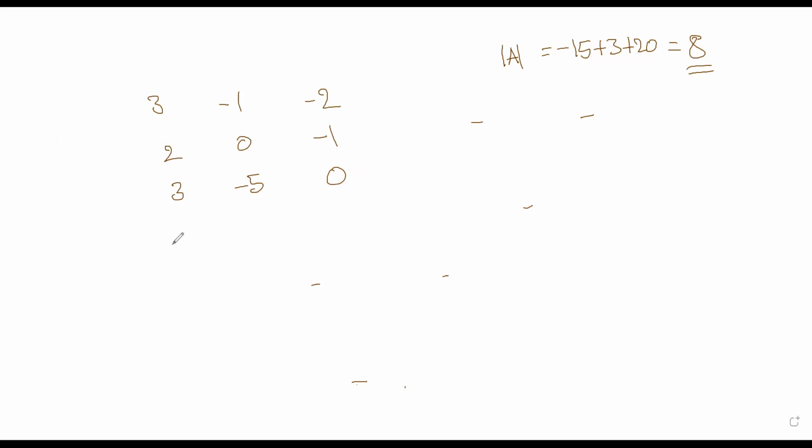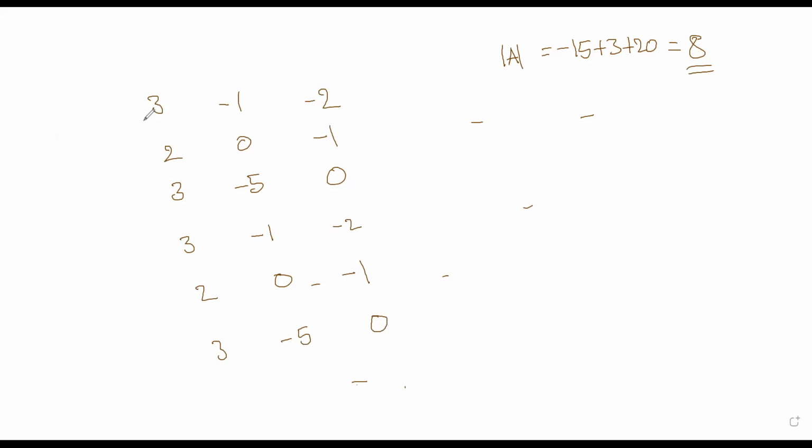You make another copy of the same matrix at the bottom: 3 minus 1 minus 2, 2 0 minus 1, 3 minus 5 0.